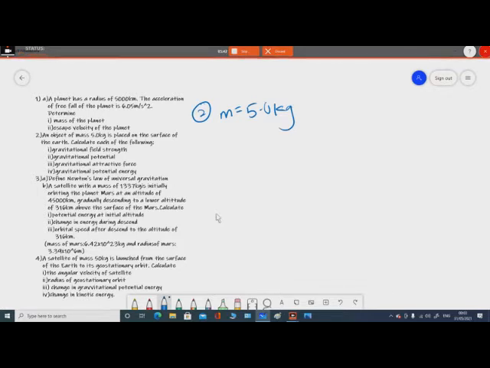So this is very simple. Gravitational field strength is given as g, so it's GM over R square. So 6.67 times 10 to the power negative 11, and the mass of the Earth given is 5.97 times 10 to the power of 24.